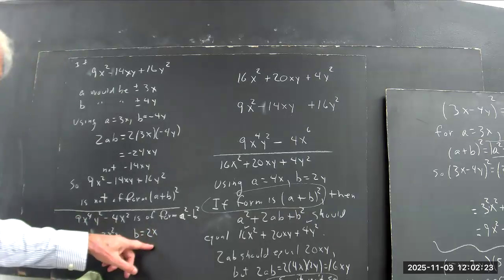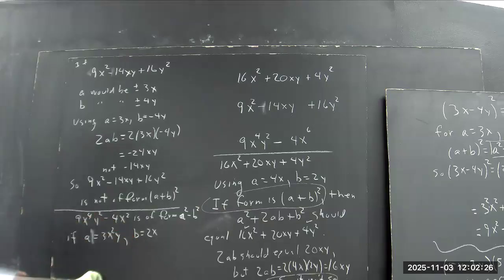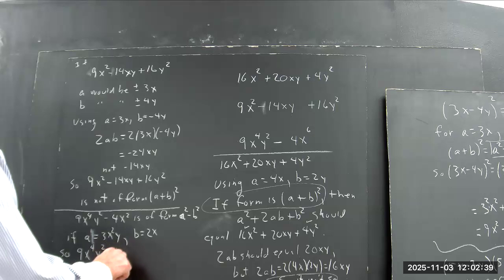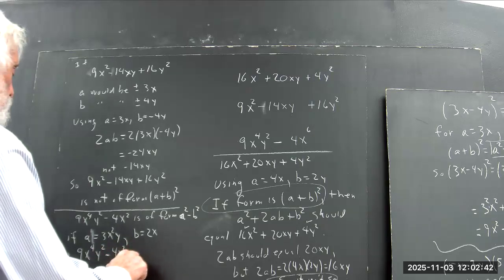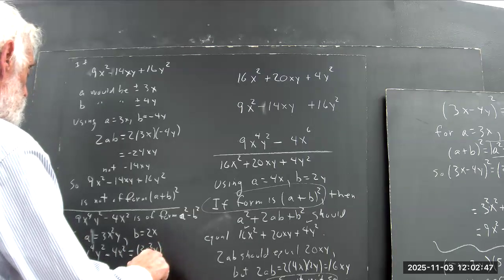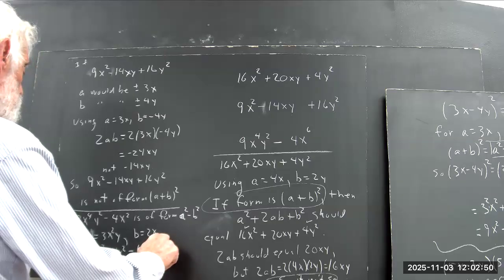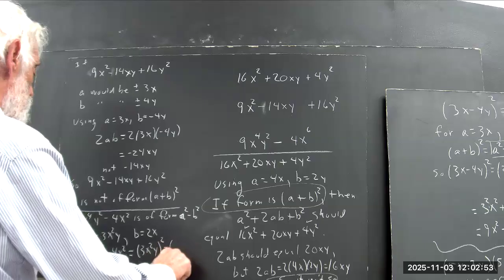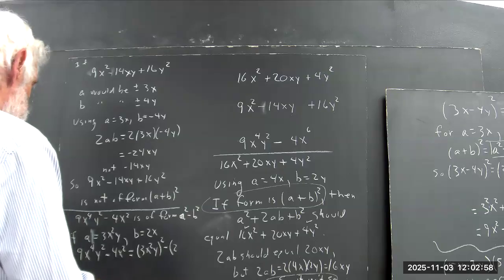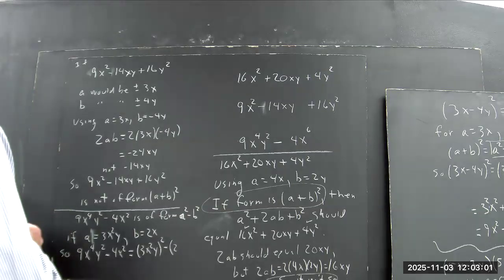And B equals 2x, because if you square 2x, you get 4x squared.